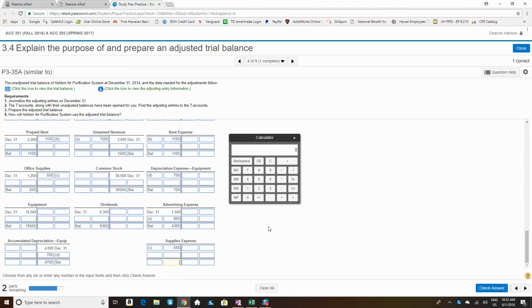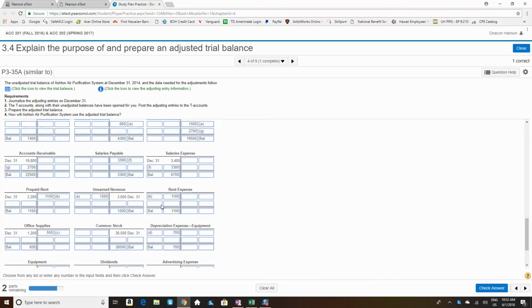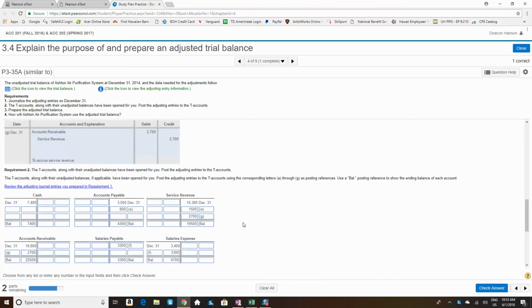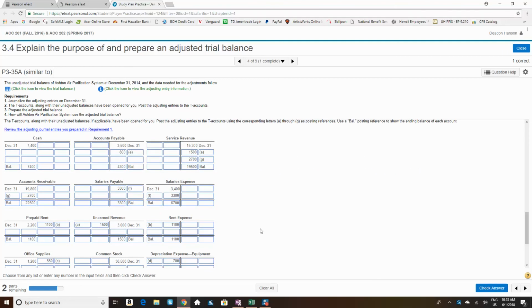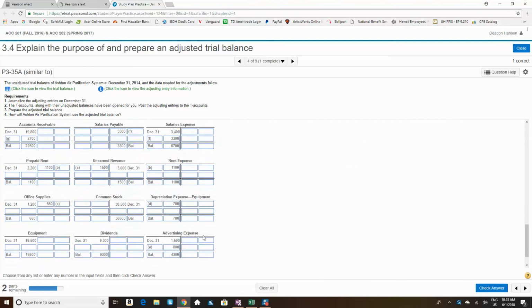Supplies expense, no other entry aside from adjusting entry C. Okay, so we'll scan them over real quick. We may have had a couple input errors. The system will let us know if we're off, but I think our balances look pretty good.